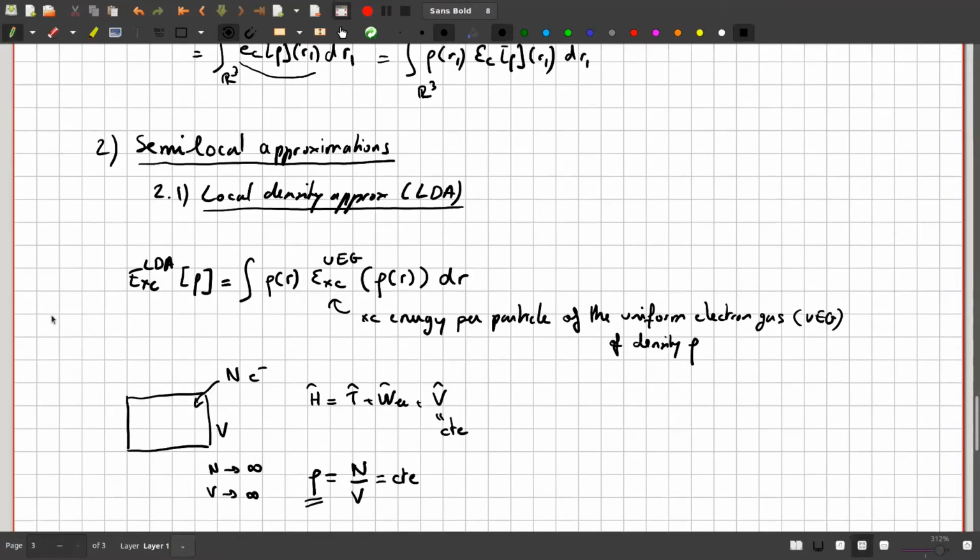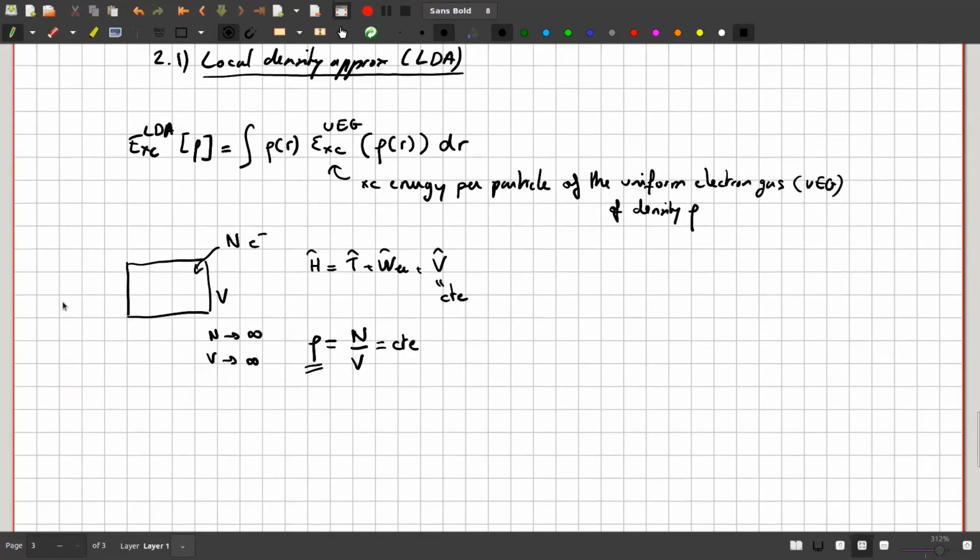Okay. So that's a simple approximation, but it turns out that it is a rather good one. I mean, at least it is better than one could have expected.